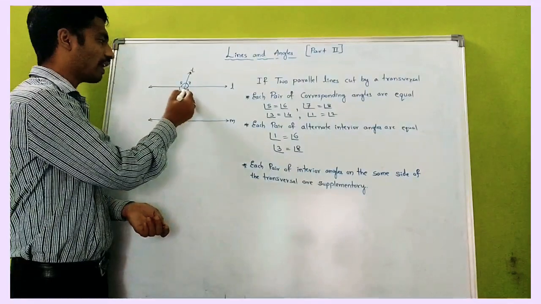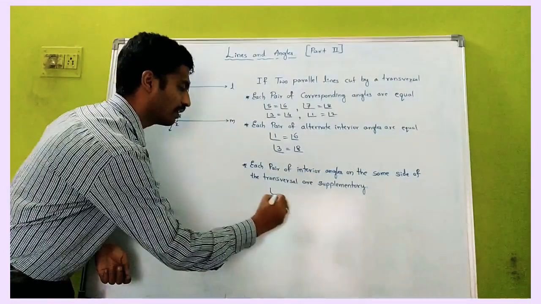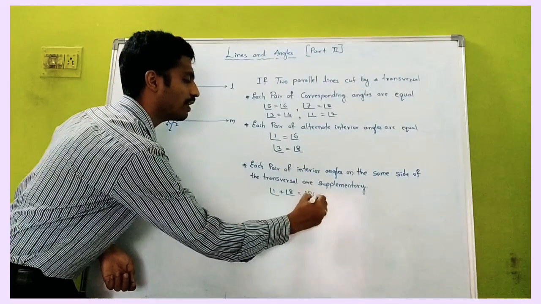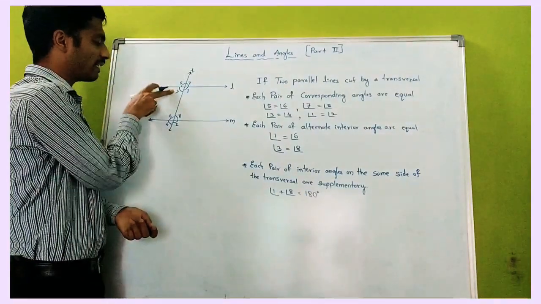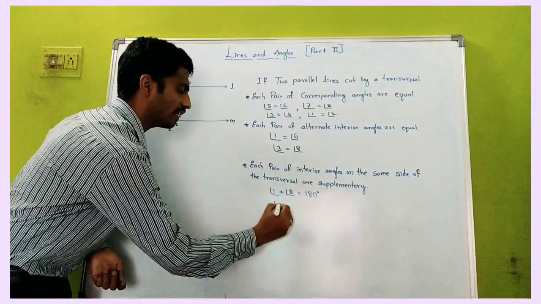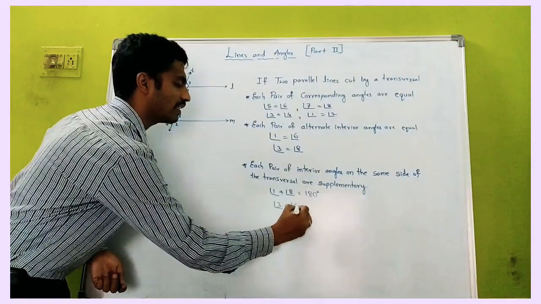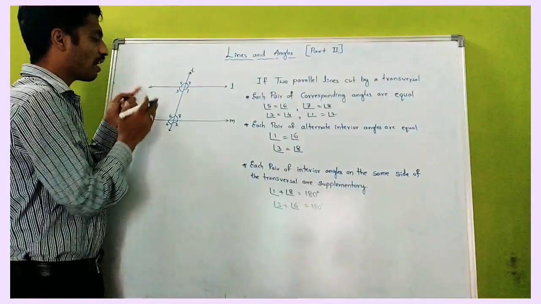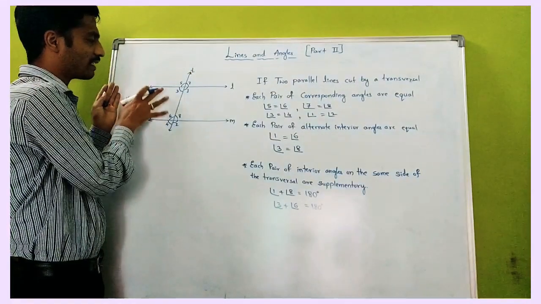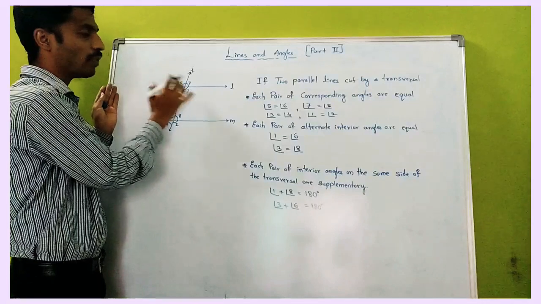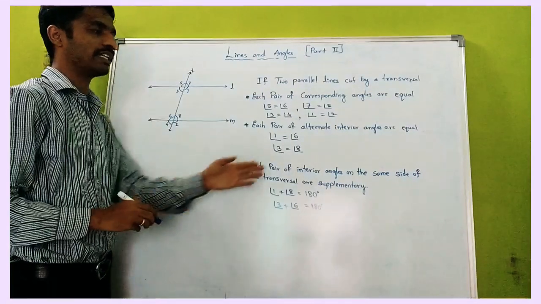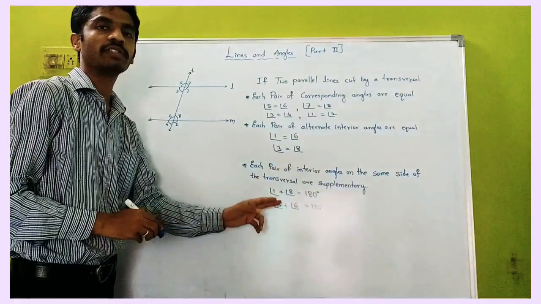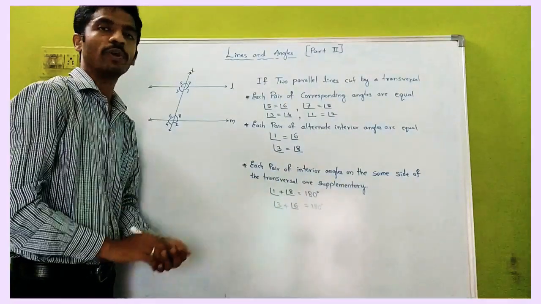It means angle 1 plus angle 8 gives us 180 degrees. Similarly, angle 3 plus angle 6 gives us 180 degrees. These pairs are on the same side: 3 and 6 are on one side and 1 and 8 are on one side. So whenever you get angles on the same side of the transversal, they are supplementary, meaning their sum is equal to 180 degrees.